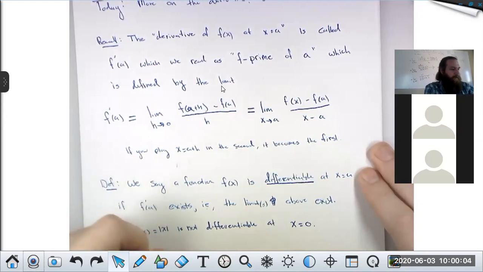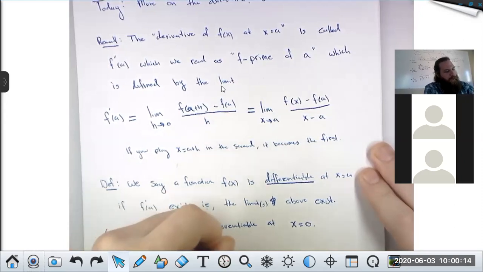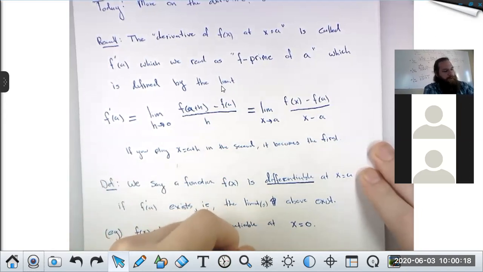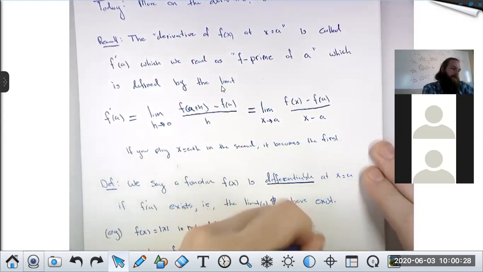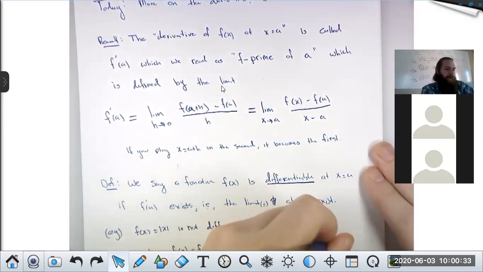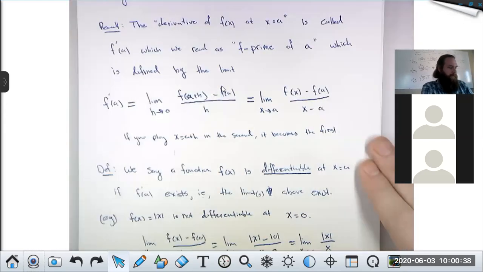The limit as x goes to 0 of f of x minus f of 0 over x minus 0 for the absolute value function is the limit as x goes to 0 of the absolute value of x minus the absolute value of 0 over x minus 0, which is the limit as x goes to 0 of the absolute value of x over x. Oops, let me move this down a little.